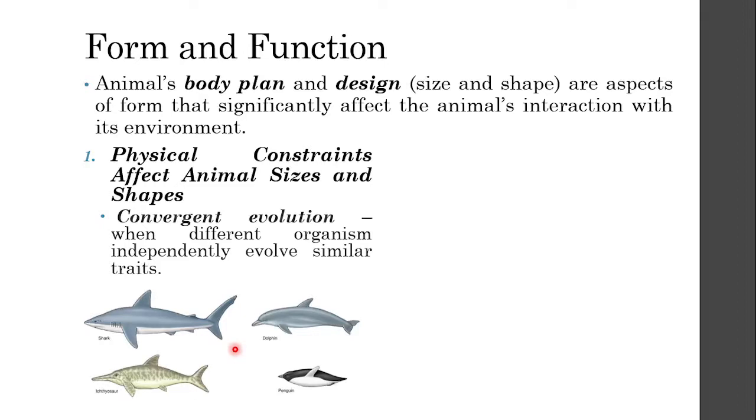So both these animals right here and us share some similarities. One is that we're living in a place where we are experiencing constant pressure, a constant pressure of one atmosphere because we are surrounded by a bunch of air molecules.